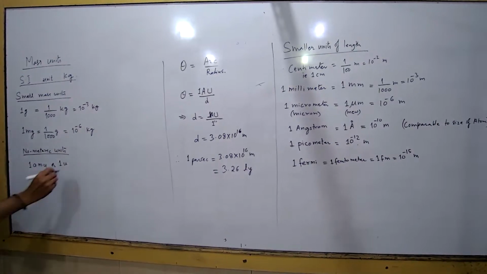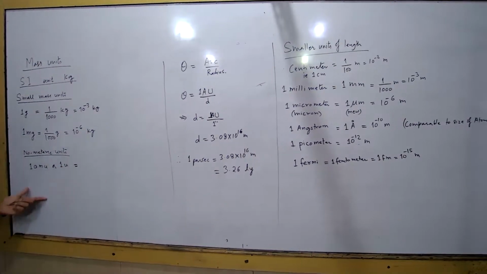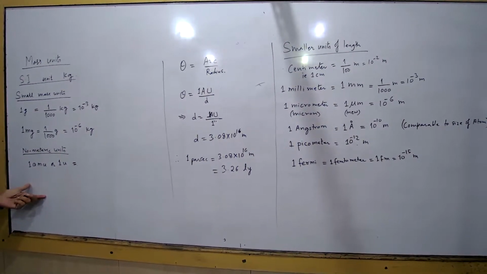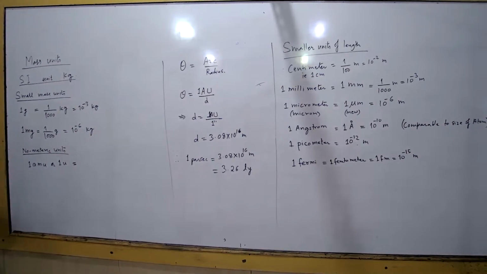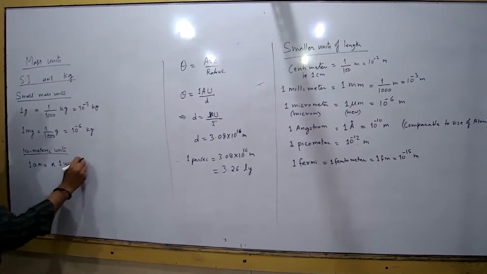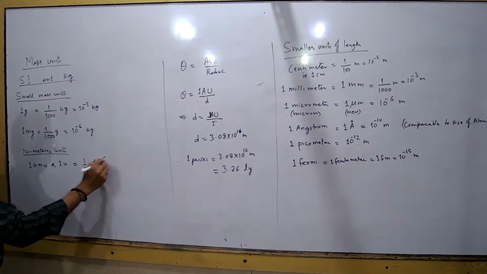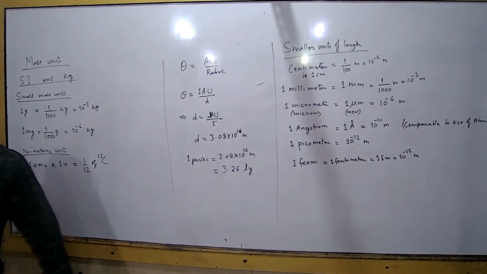And how is it defined? It is 1/12 of the mass of a C12 atom. Carbon has different isotopes. So which isotope? C12. Carbon is available as C14 also.